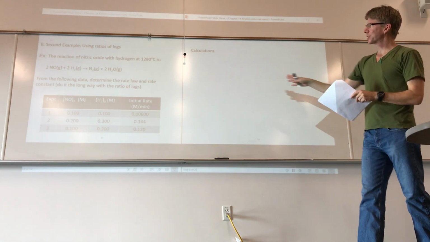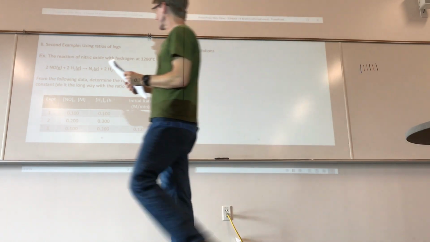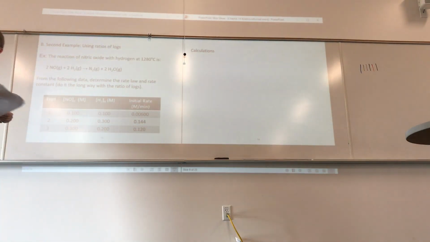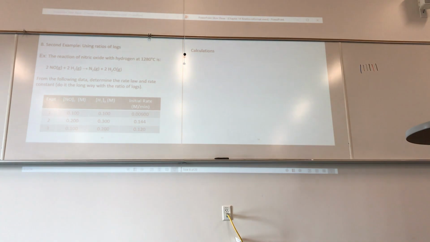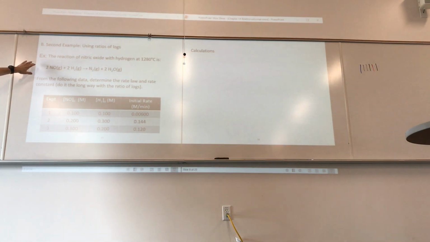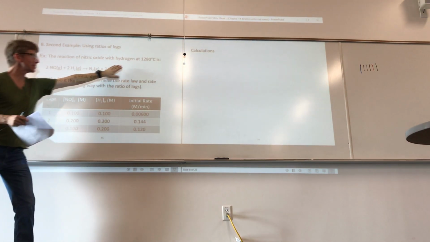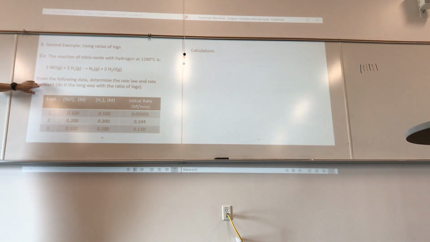All right. So for this particular problem, we're going to work this one. Then there'll be a companion problem on the next page. Companion problems, after some initial issues, the answers to which have been posted for this chapter already. So for this particular one, using ratios of logs, it says for this reaction at a specific temperature, from the following data determine the rate law and rate constant.